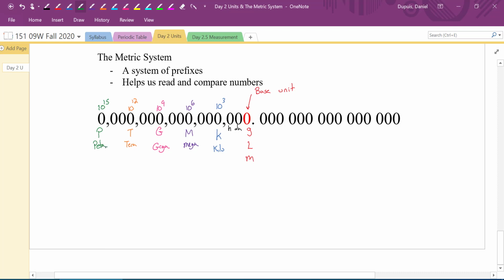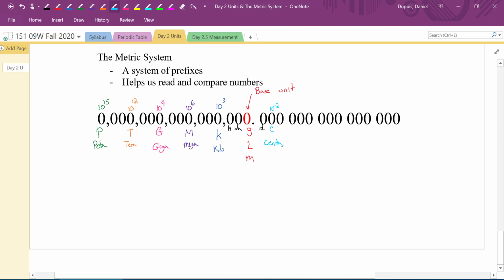All right, and so those are going bigger than 1. Going smaller than 1, we have deci that we won't use. We have one that we use all the time, centi, 10 to the minus 2. We use centimeters all the time.